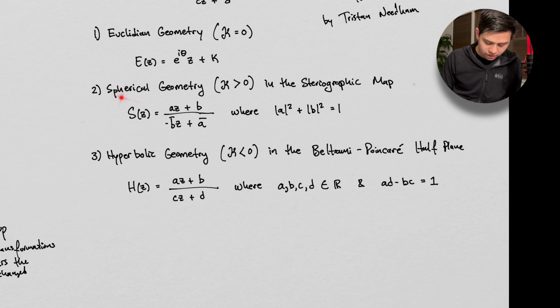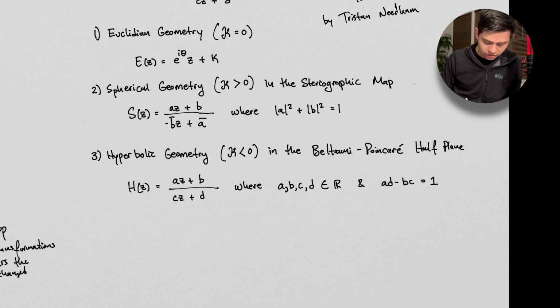Here we have spherical geometry, right? So spherical geometry is where the curvature was positive, greater than 0. In the stereographic map, again, we can conceive of other types of maps for spherical geometry, but what we've talked about so far is the stereographic map of the sphere. The Mobius transformation looks like this, right?